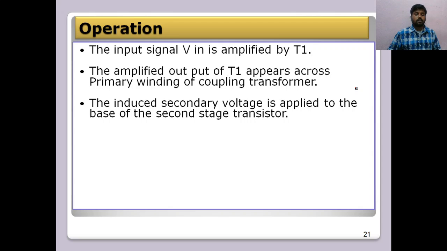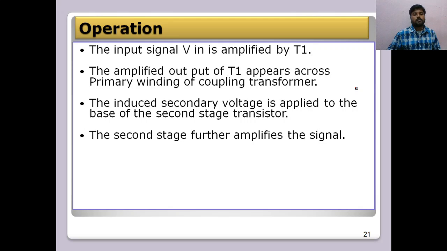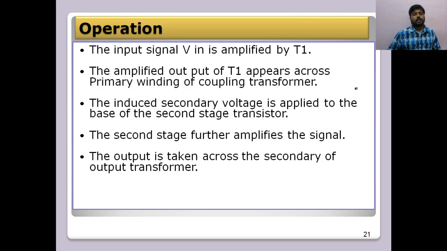Because of the mutual inductance, an EMF is induced in the secondary of transformer 1, which is applied to the base of the second stage transistor, T2. The second stage further amplifies the signal, and the output is taken across the secondary of the output transformer. Because of transistor action, the amplified signal appears across the collector of the second transistor.